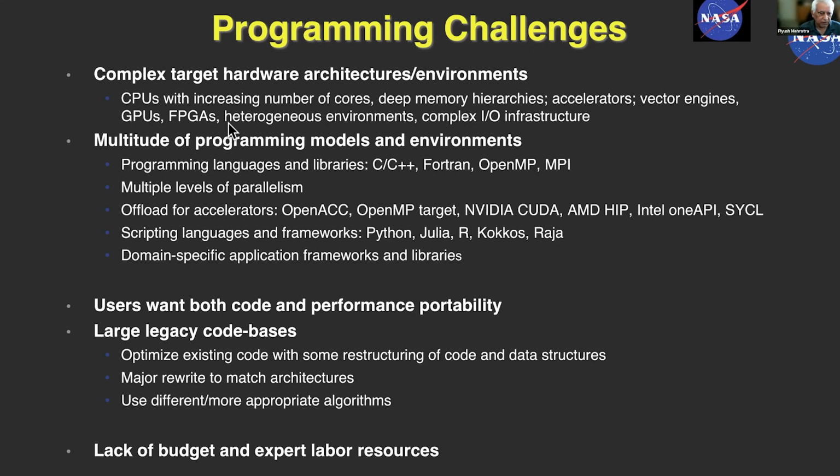So that's the requirement from the users. From NASA, what we see is that we have large legacy code bases. We have codes that were written 30, 40 years ago with 100,000, 200,000 lines of code. How do you now refactor and optimize them so that you can utilize these new architectures in the most efficient way?